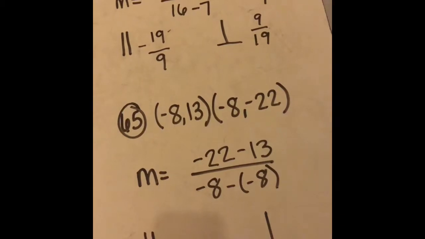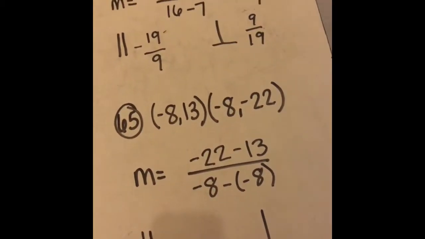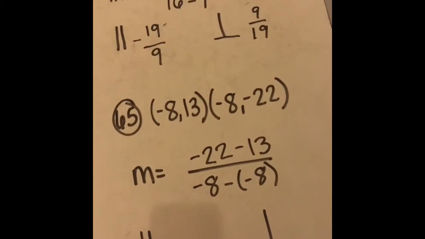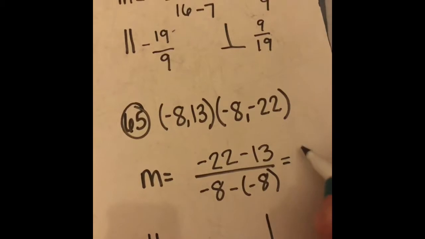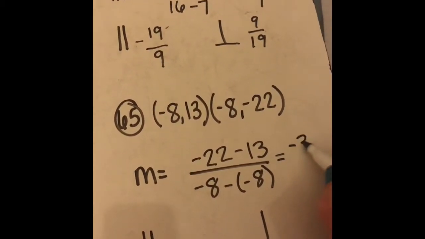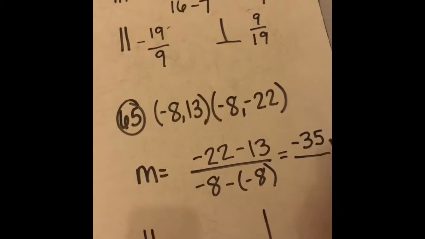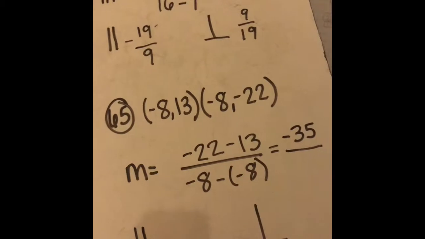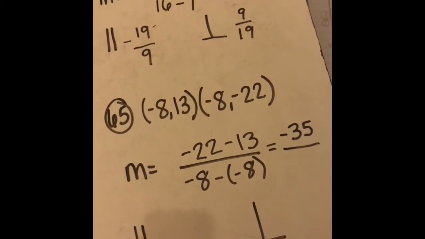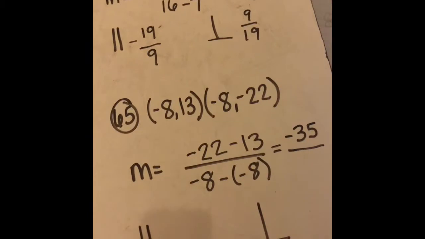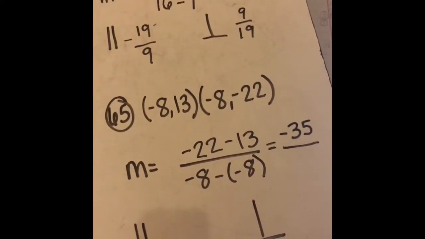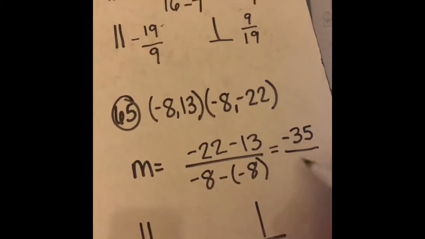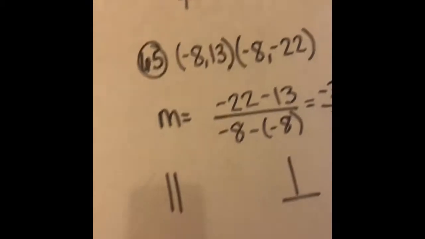So negative 22 minus 13 would be negative 35 over, and then we have negative 8, so it's pretty much negative 8 plus 8, and that is 0.